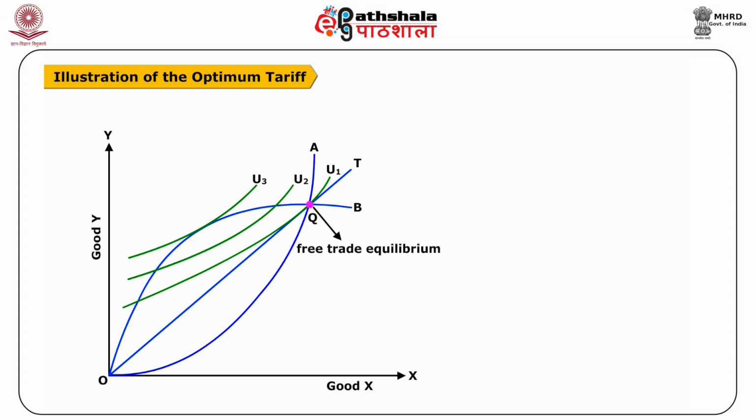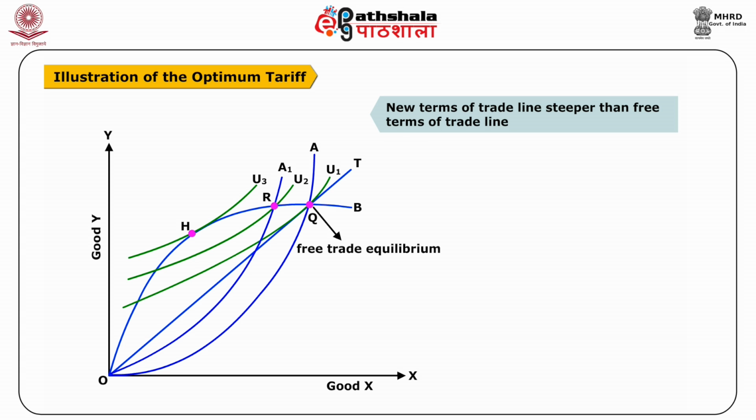Starting with the initial free trade equilibrium point at Q, where U1 also passes through, the tariff imposition by Nation 1 will shift the nation's offer curve to the left, that is from OA to OA1. The tariff displaced offer curve OA1 intersects Nation 2's offer curve at point R, where the new trade equilibrium is now established. In the figure, the new terms of trade line is not drawn to avoid so many lines.